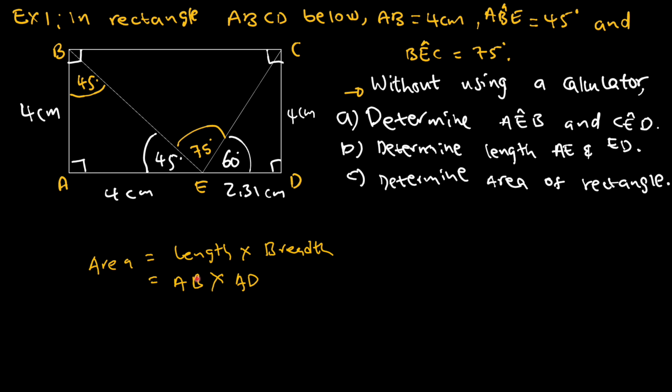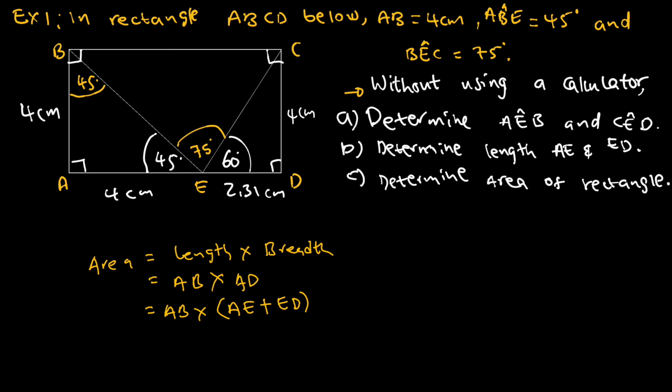So I can say CD multiplied by AD. But what else do we know? We know that AD is AE plus ED.